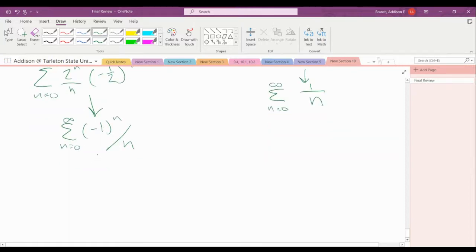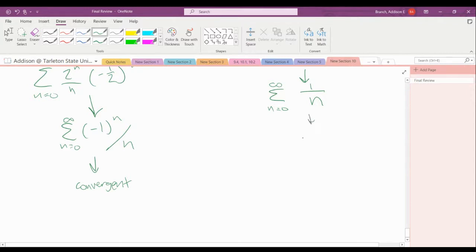So right here, this one we can use our alternating series test. We can see that the limit of 1 over n goes to 0, and it'll decrease. So this one is convergent. But then we have this one. We have a 1 over n, and we know from our p series that p has to be greater than 1 for it to converge.